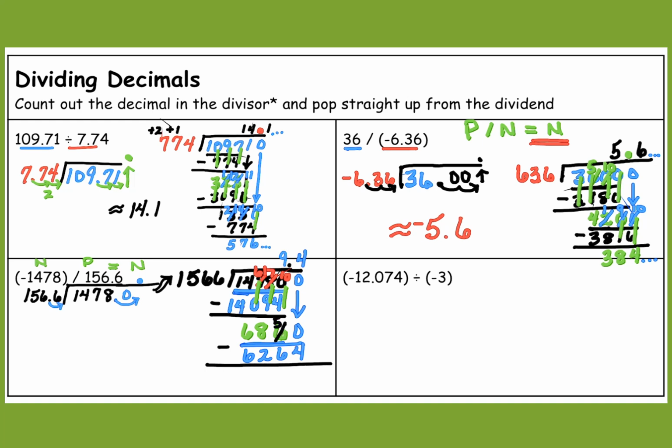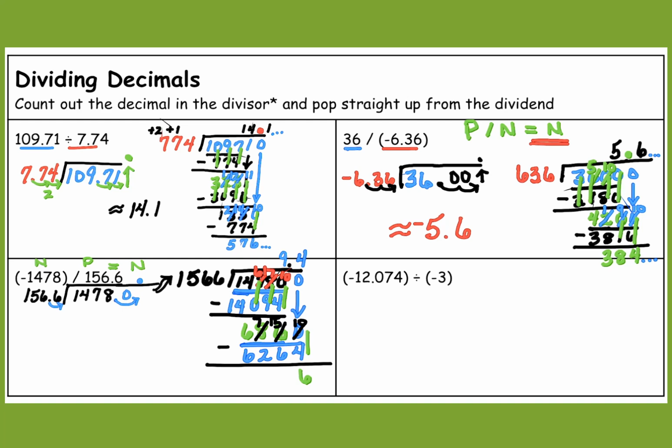Because we cannot take 4 from 0, we have to borrow from the 6 and make that 5, which makes our 0 a 10. So now we have 10 minus 4, which is equal to 6. Now we can't take 6 from 5, so we have to borrow again. We're going to borrow from that 8 and turn that 8 into a 7, which turns our 5 into a 15.